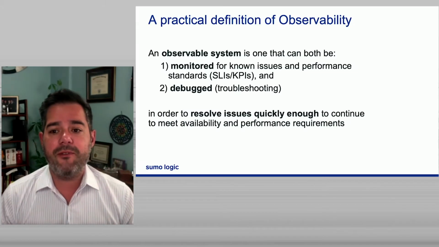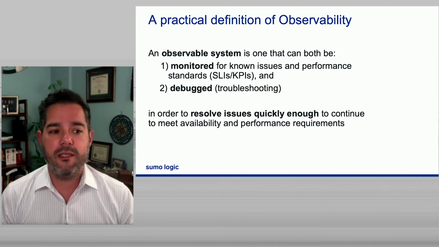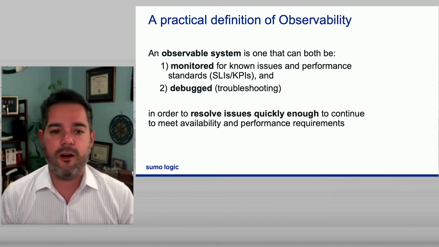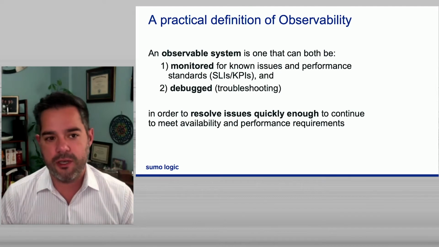A practical definition of observability is a system that can be both monitored and debugged. If you go out and start looking at a lot of blogs, people equate observability with monitoring.